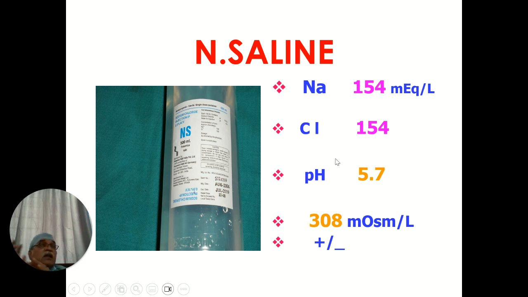It will correct the metabolic alkalosis associated with vomiting. It is the best solution available to us, provided you can add a little potassium to it. If too large a volume is given, it will cause hyperchloremic acidosis. In cardiac patients and patients with hypertension, you have to be a little guarded because of sodium overload.